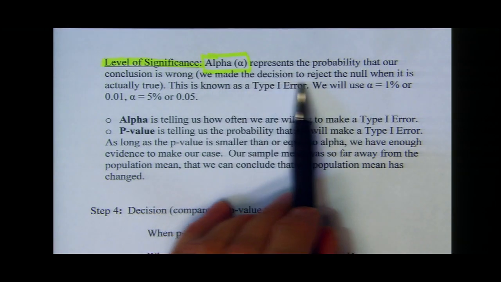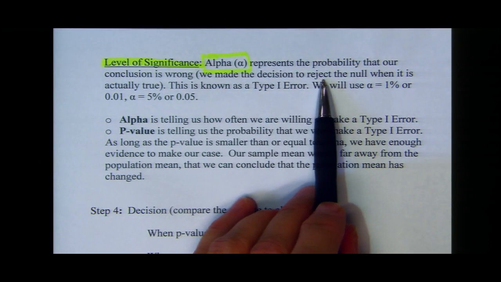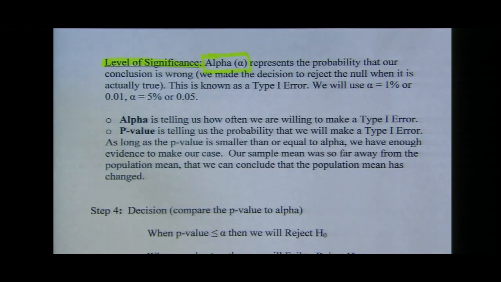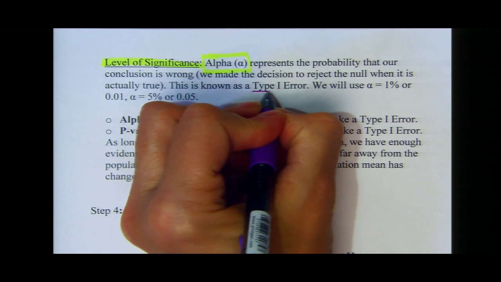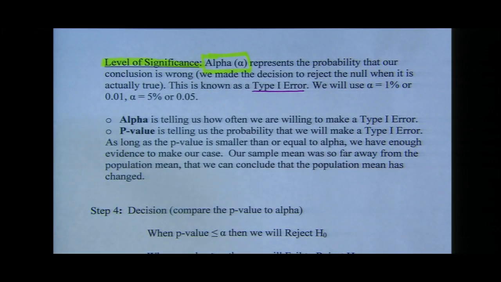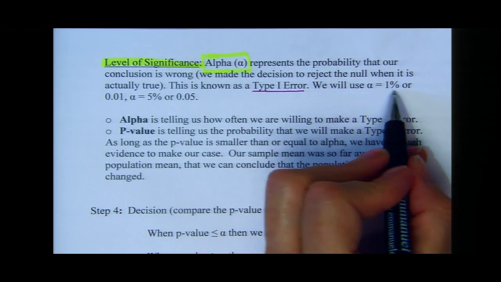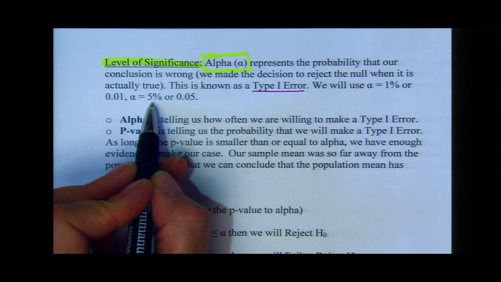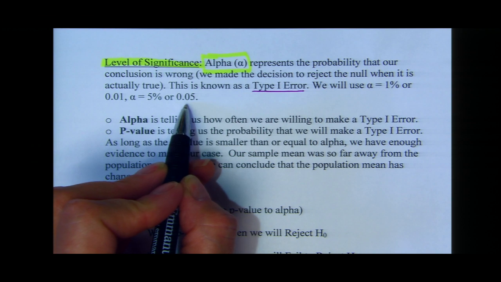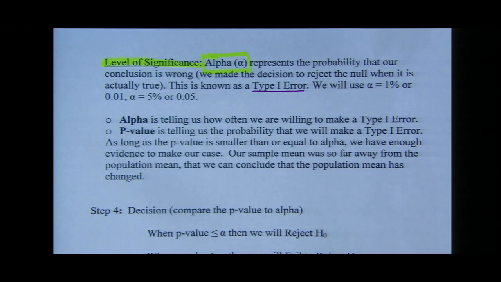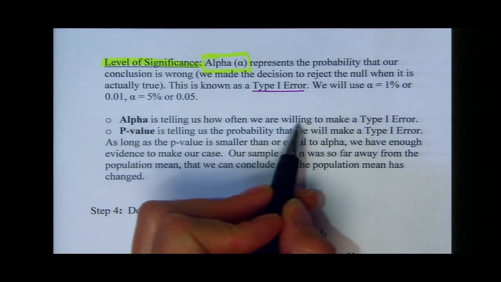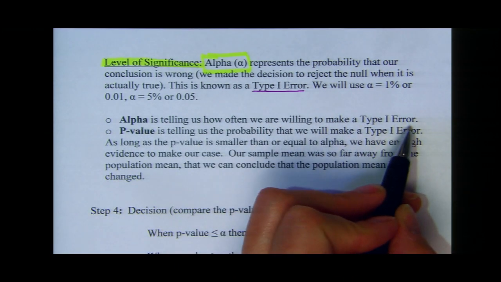So we made the decision to reject the null when it is actually a true statement. This is what is known as a type 1 error. Alpha will either be 1%, written as 0.01, or 5%, written as 0.05. That will always be given in the problem. So alpha is telling us how often we are willing to make a type 1 error.